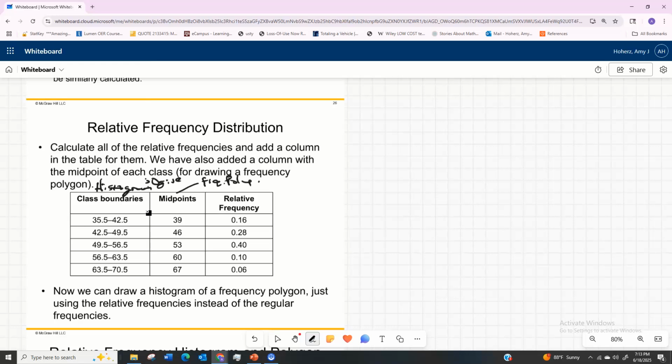Okay, so they just added this here, and in order to get those midpoints, we just average these two numbers. So 35.5 plus 42.5 divided by 2 gives us 39. It's the midpoint between 35.5 and 42.5. Okay, and so here's our midpoints and our relative frequencies. So now we have everything we need to draw either the histogram, the frequency polygon, or the ogive.